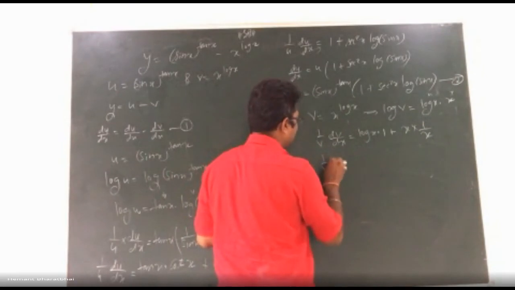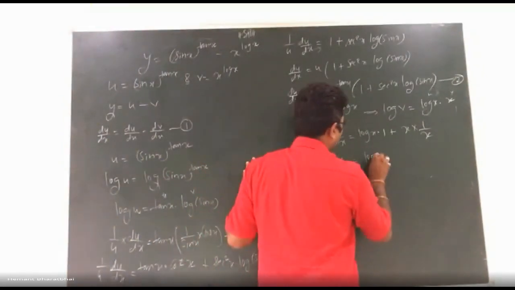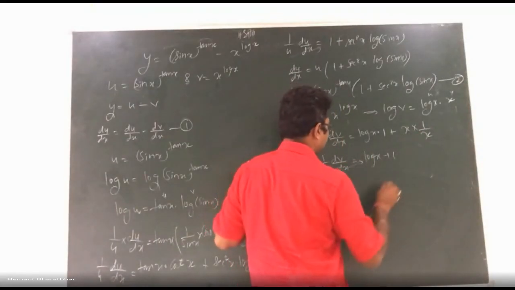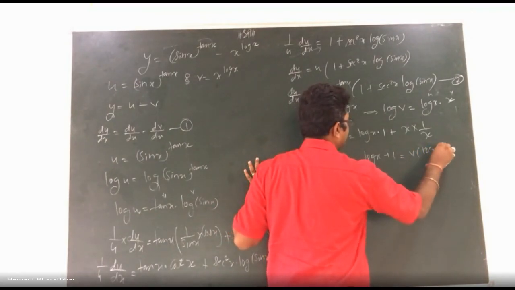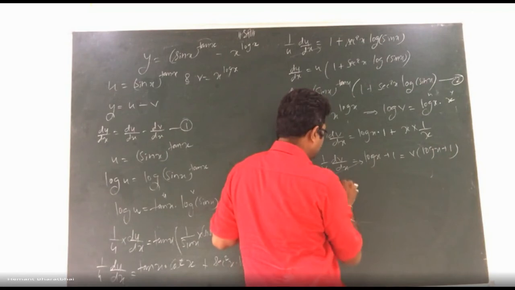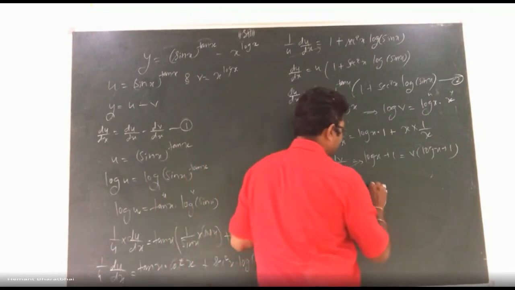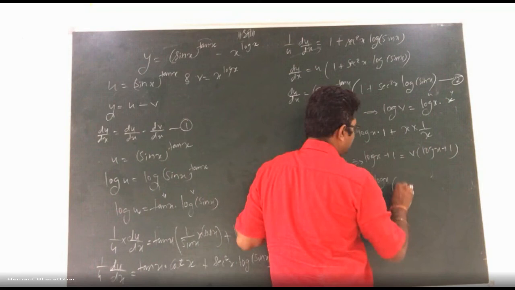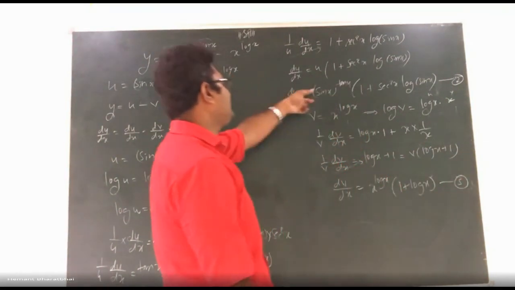So I'll get 1 by v dv by dx equals log of x plus 1, x gets cancelled, 1. V I will take over here. So I will get dv by dx equals v into log of x plus 1. What is the value of v? x raised to log x. So it will be x raised to log x into 1 plus log x. So that's equation number 2.